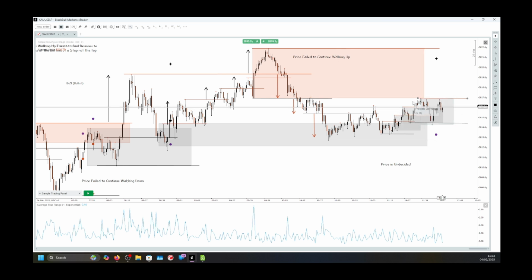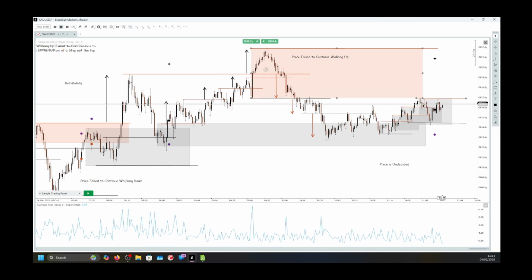We're still trading within this step. There are areas of inefficiency up here that price still might need to come back to fill in.